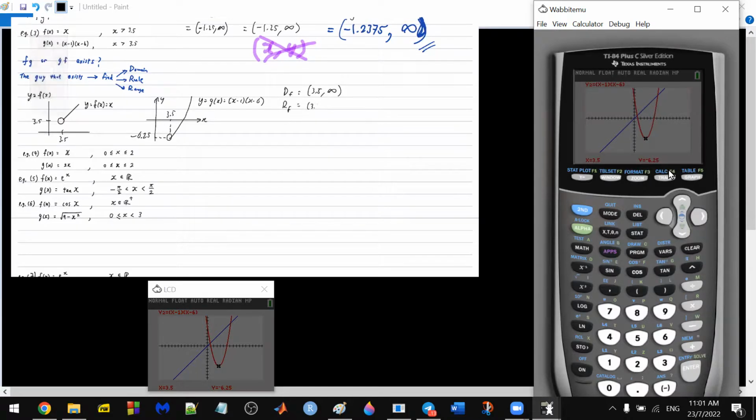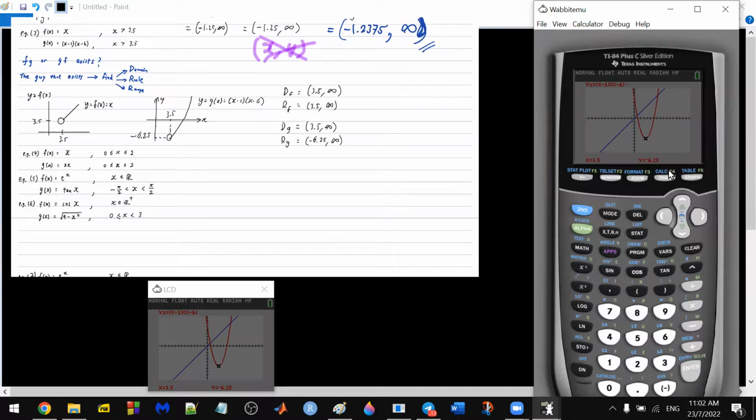All right. Well done. How about the domain G, range G? Domain G is round bracket 3.5 positive infinity, then range round bracket negative 6.25 comma positive infinity.